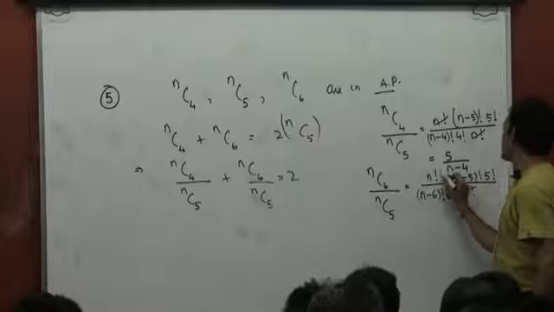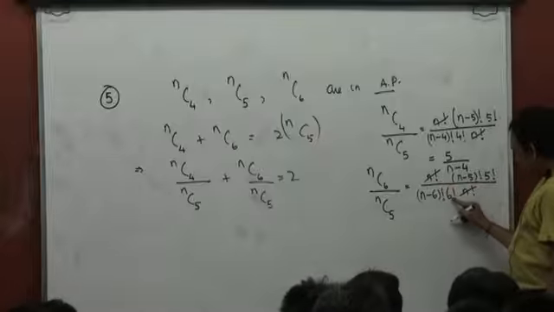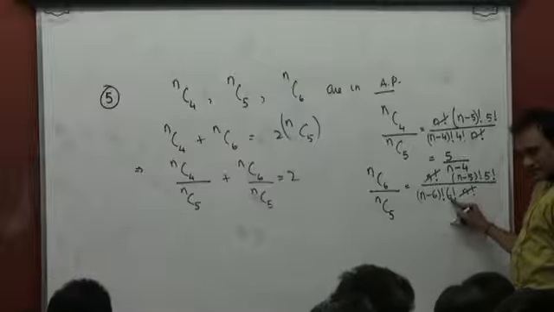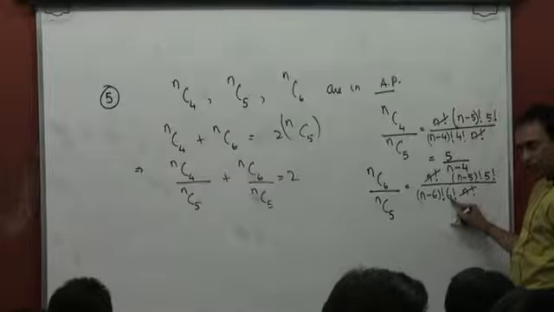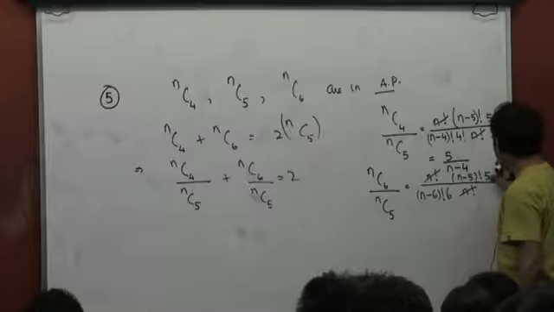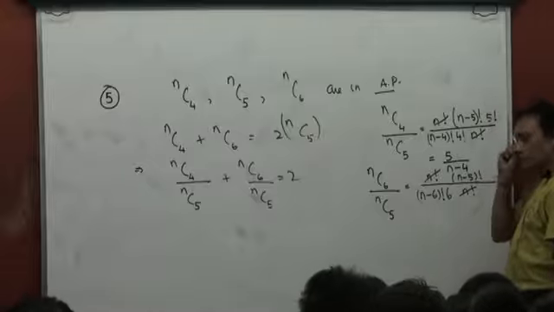Now this n factorial will get cancelled. 6 factorial is 6 into 5 factorial, so 5 factorial will get cancelled. You will be simply left with 6. Yes or no?